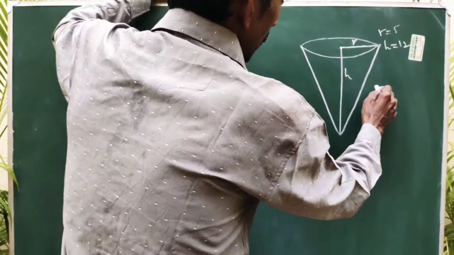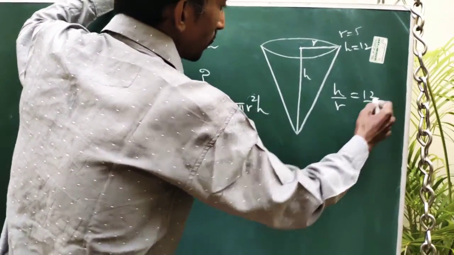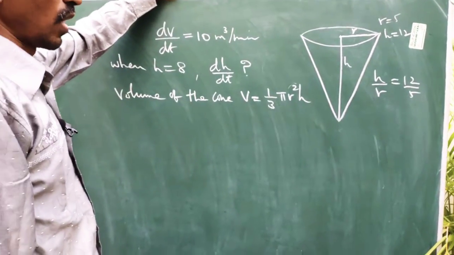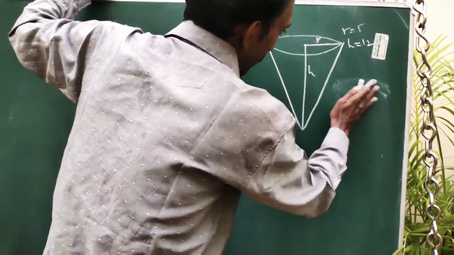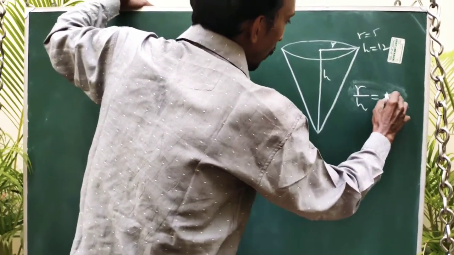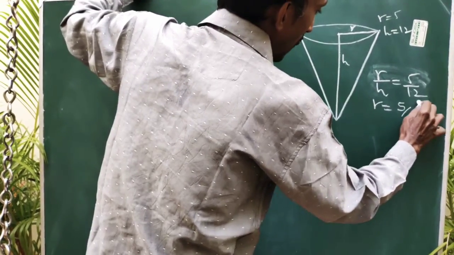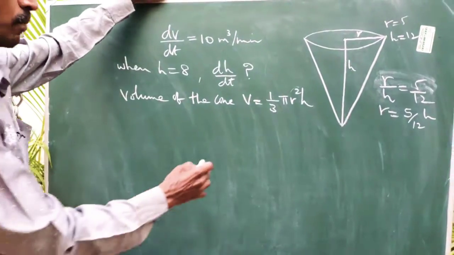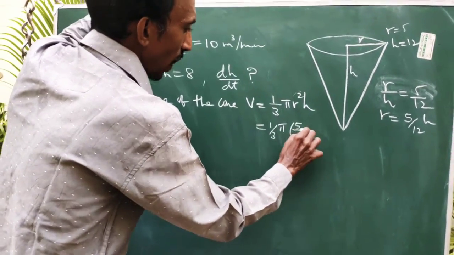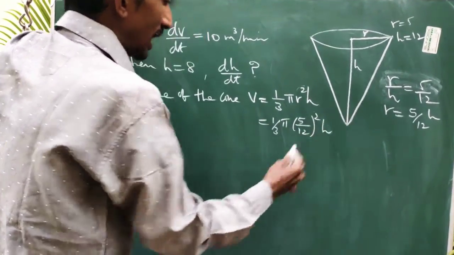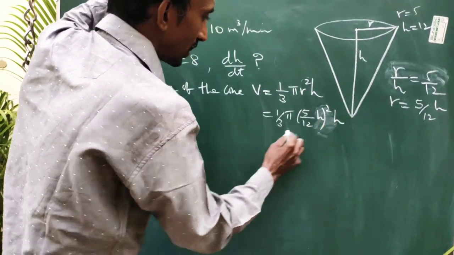Already we have h by r equal to 12 by 5, so r by h equals 5 by 12. So r equals 5 by 12 into h. Replace it here: 1 by 3 pi into 5 by 12 h, the whole square, into h.